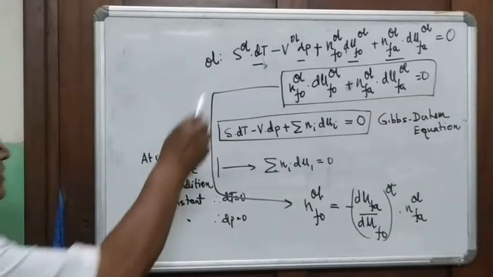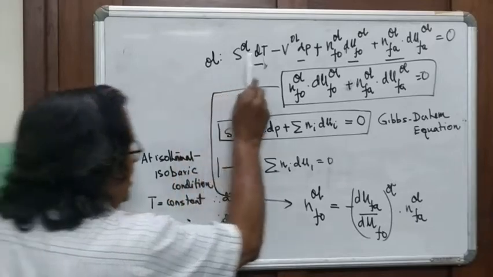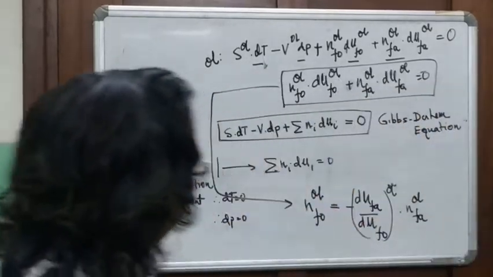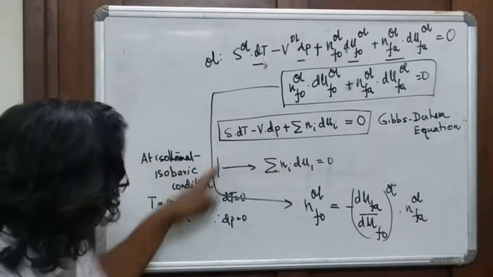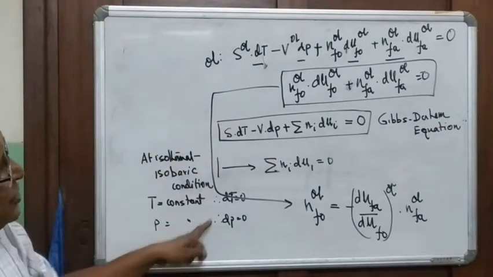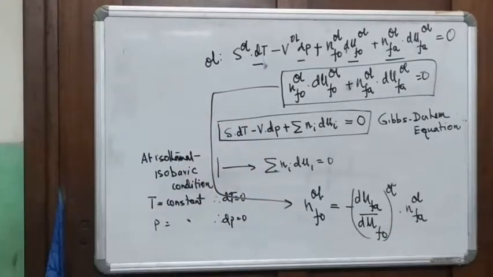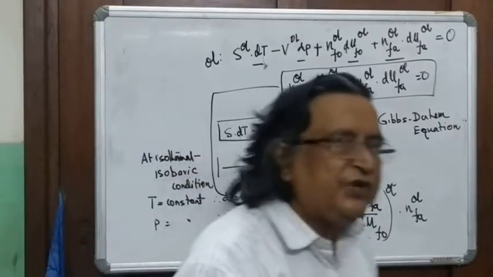Now you see here, I was here at not an isothermal isobaric condition. Then I changed this to isothermal isobaric conditions, and now I write this expression. What does this expression tell you? It tells you a very important thing.